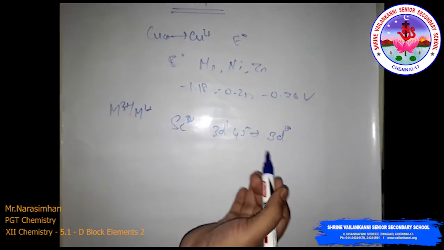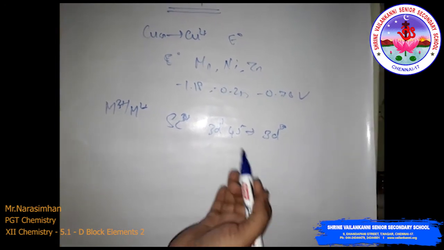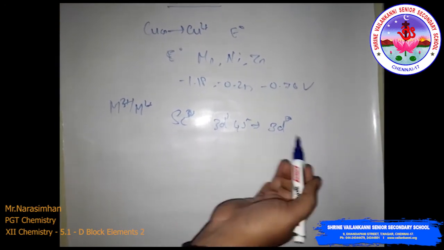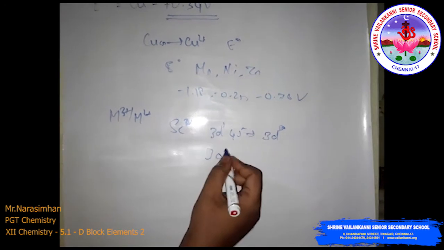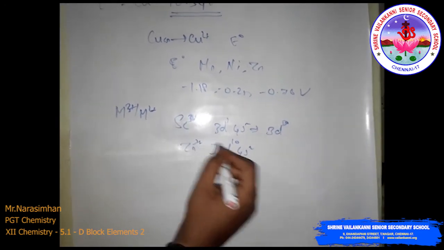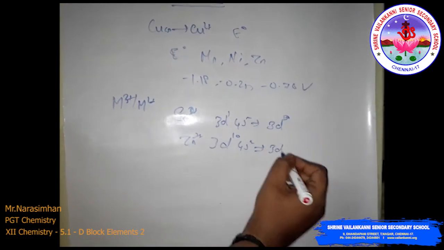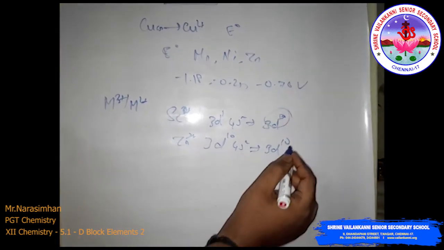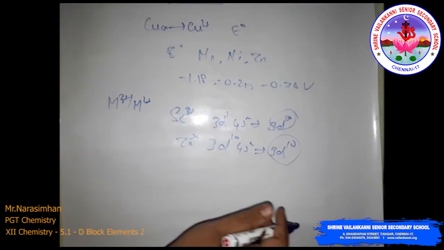The highest value is for zinc, due to removal of an electron from the stable d10 configuration. For zinc, 3d10 4s2; when 2+ is removed, this becomes 3d10. So this is an empty d orbital, this is a completely filled d orbital.